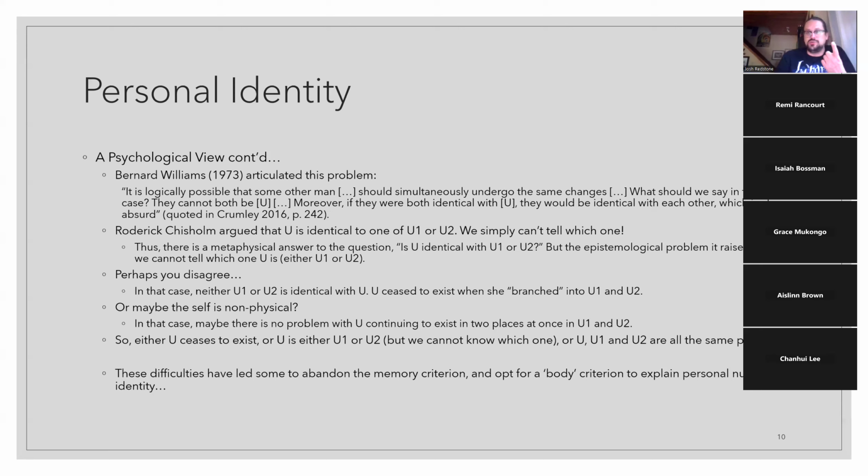So now there's you, U1, and U2. So we're dealing with three entities here. But the procedure works, and you is uploaded to the computer and becomes U1. But now I also have U2. So who is identical to whom? Williams is saying, well, it's kind of absurd if you think about it. U1 is identical with you, but U2 is also identical with both of them. So they're all the same individual, but clearly we're talking about three different individuals.